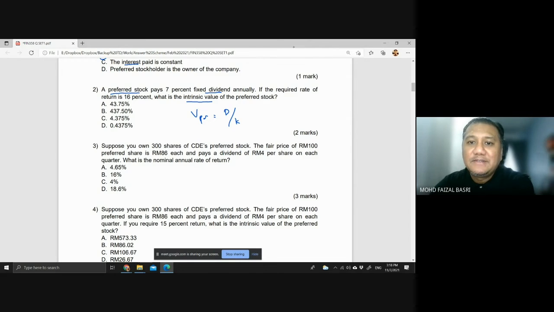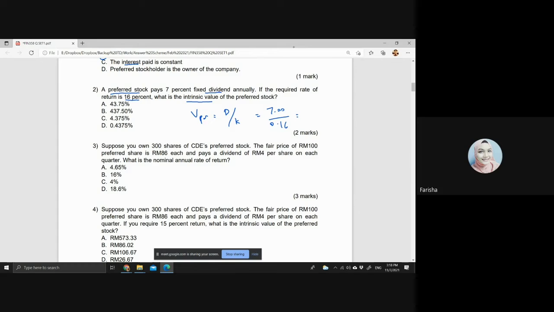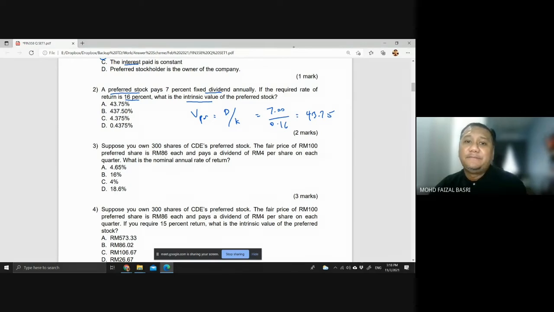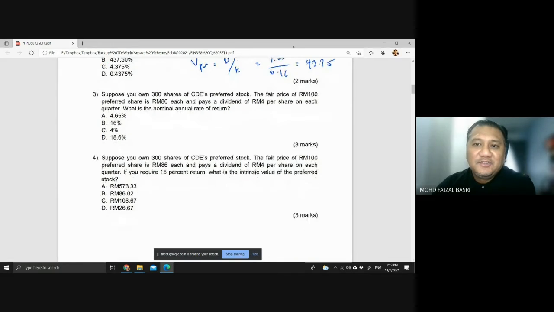So 7% times 100 is RM7. And K is 16%. So divide by 16%. You get 43.75. But this question gives percentages, so the answer should be in ringgit. Whatever, from 43.75 you know it's A. Okay, 43.75. So that's 3 marks there.